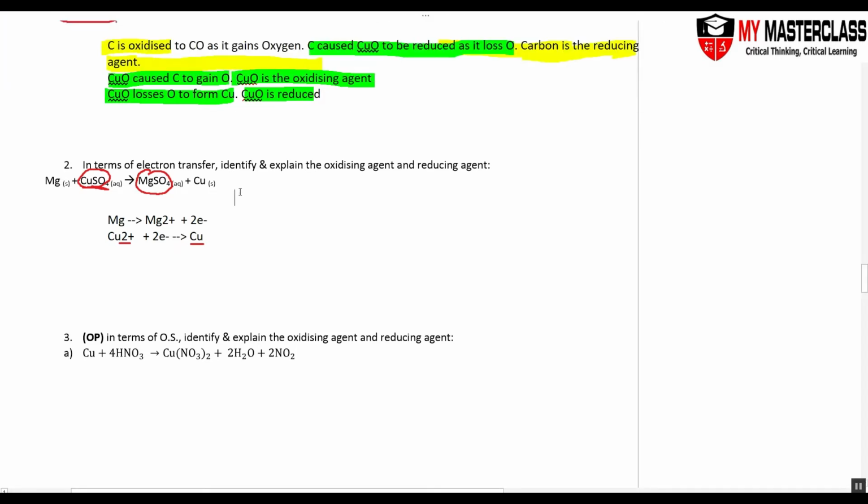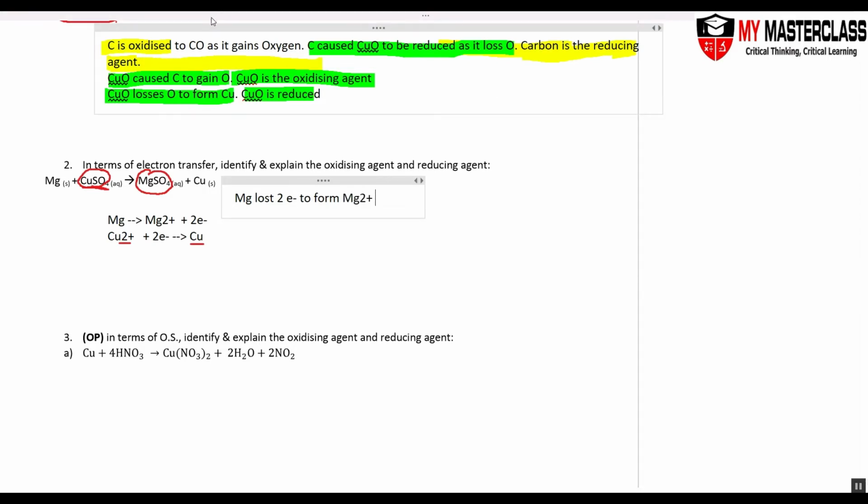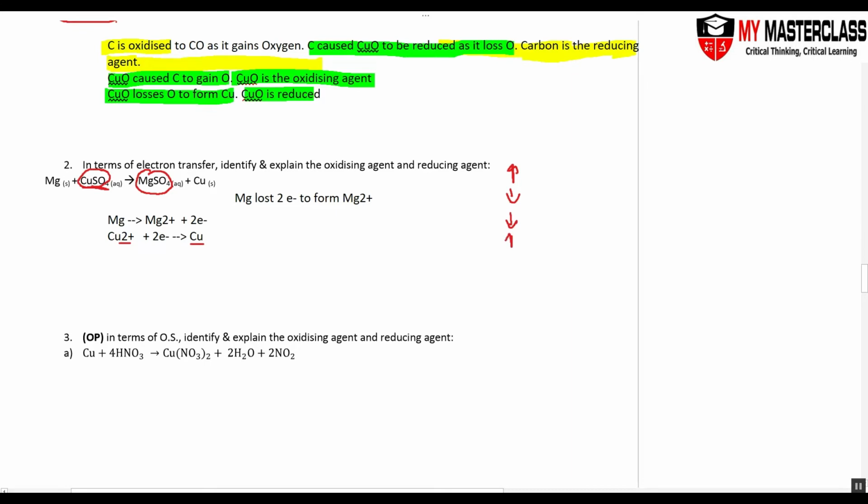Let's explain it again. My magnesium lost 2 electrons to form Mg2+. Remember your redox definition: gain, lose, lose, gain. Gain oxygen, lose hydrogen, lose electrons, and gain oxidation state.